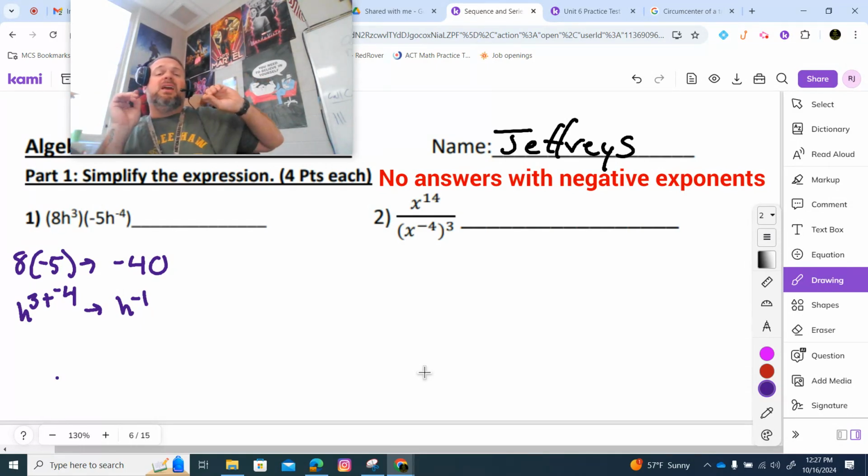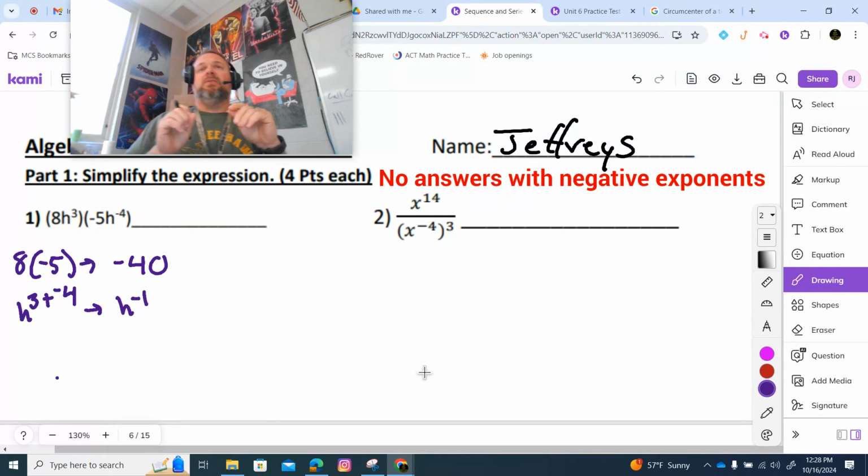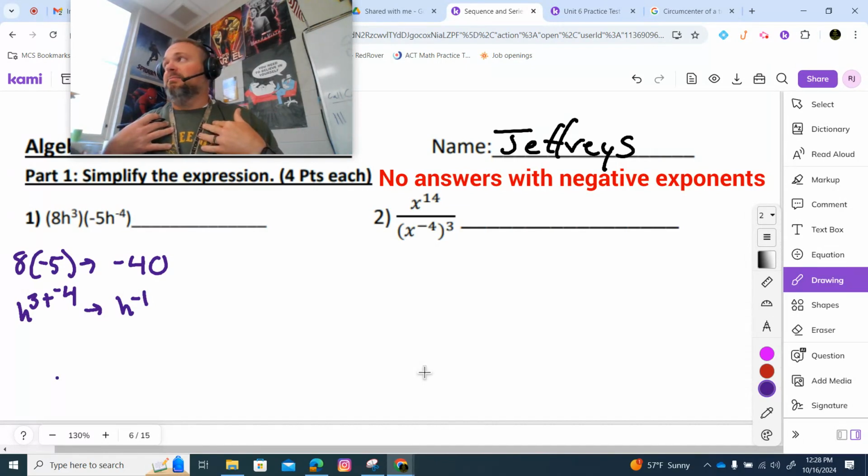So, here's the deal. This is what you need to know right here. In red, where it says no answers with negative exponents, that's a change from the directions from what y'all have now for all the rest of them. Okay, I didn't specify, that was my bad.